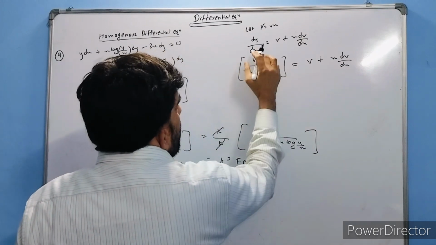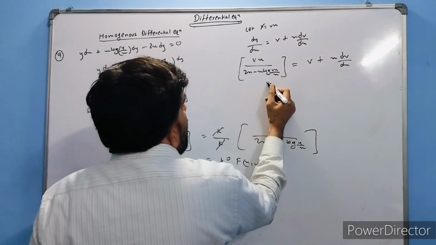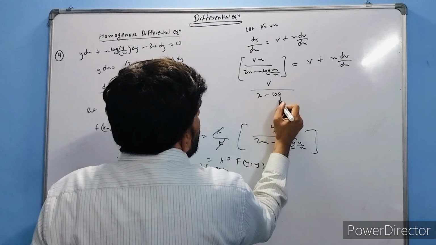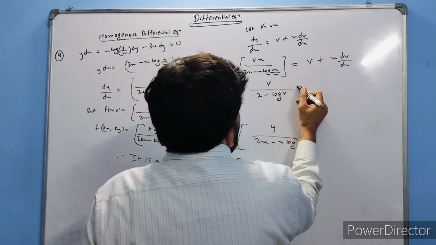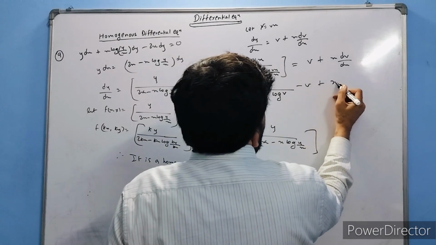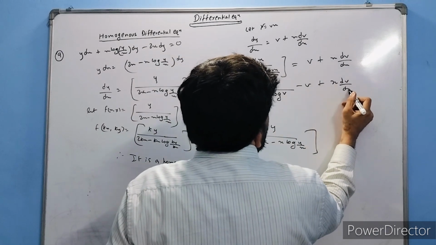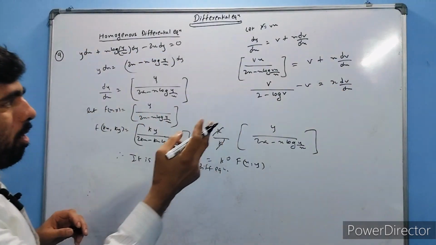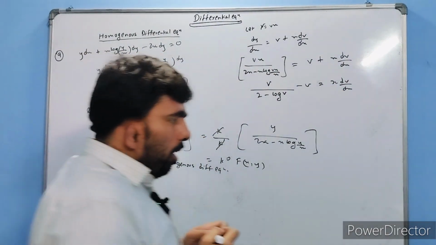Now x is reduced by taking common from numerator and denominator. We have v/(2 - log v) = v + x dv/dx. So we have taken v from the RHS to the LHS.